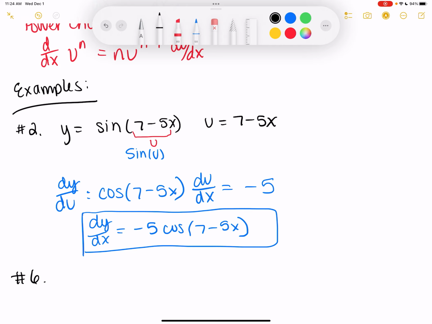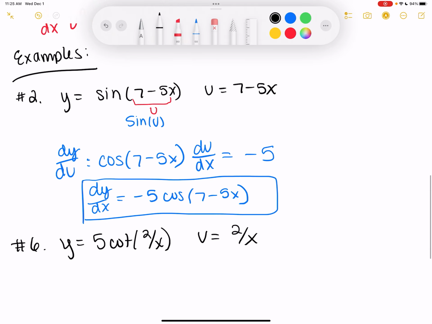Let's see, 6. Y is equal to 5 times the cotangent of 2 over x, and u is equal to 2 over x. So we're going to find dy du, and then we're going to find du dx.